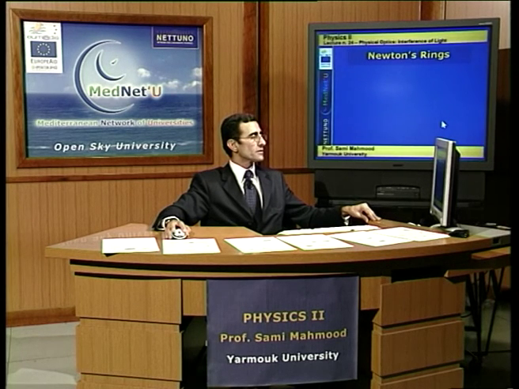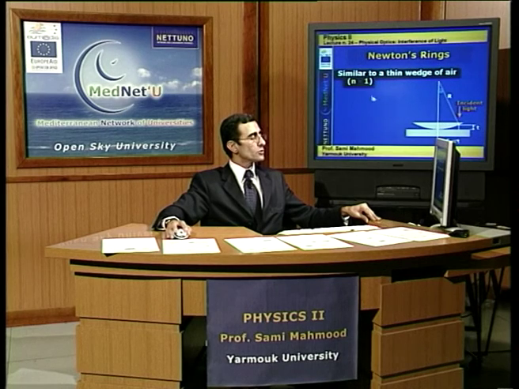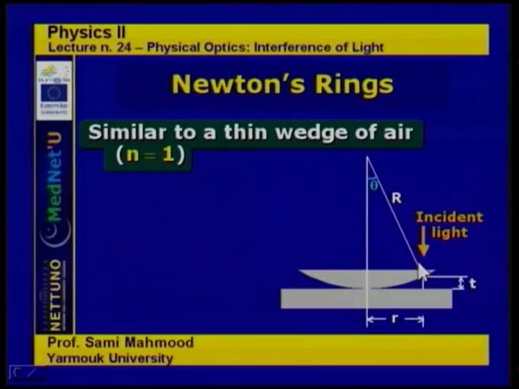Newton's rings are also a manifestation of this interference by thin films. Newton's rings setup is like a section of a spherical glass sphere, part of a glass sphere on top of another glass plate, and the light falls like this and is reflected from the spherical surface and from the bottom.